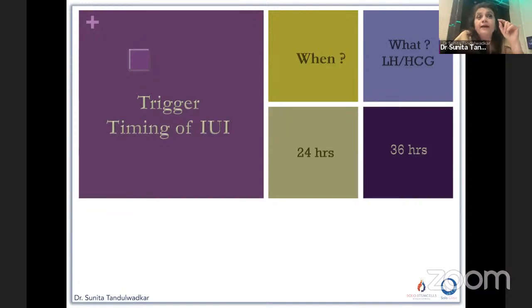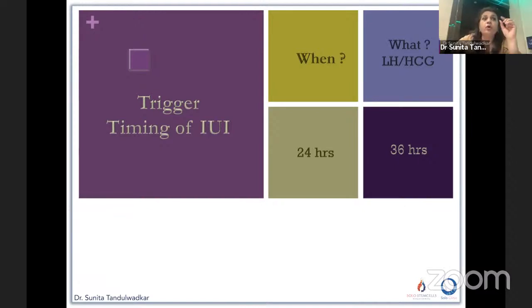So suppose on Monday I'm giving a trigger. Wednesday morning also I have done IUI. Wednesday night, I ask them to keep one relation. Okay? And at 24 hours, if the follicle was not ruptured, I ask them to keep a relation even on Tuesday night.